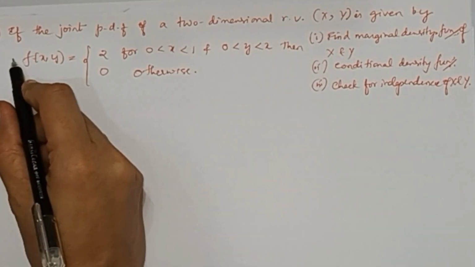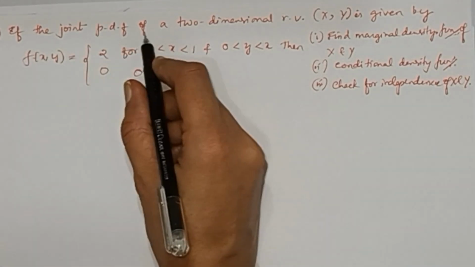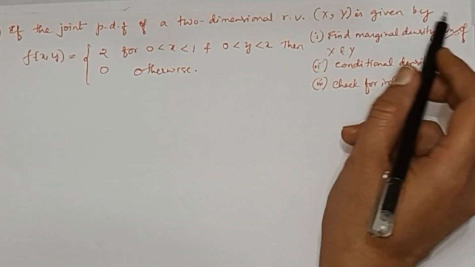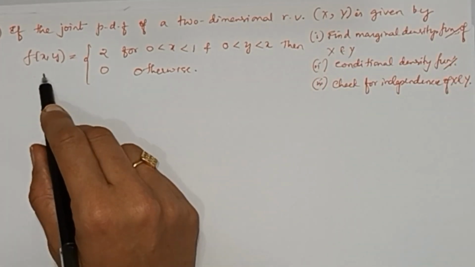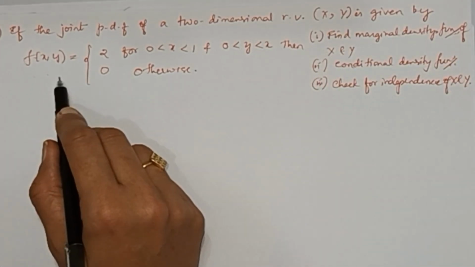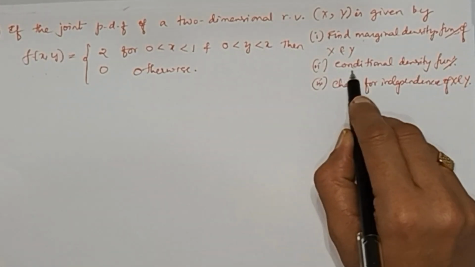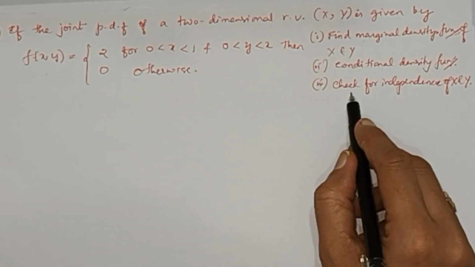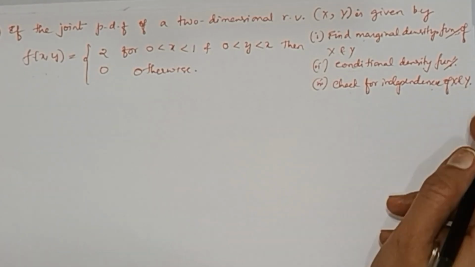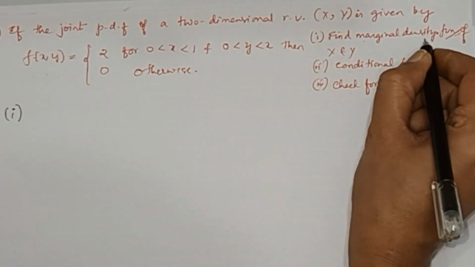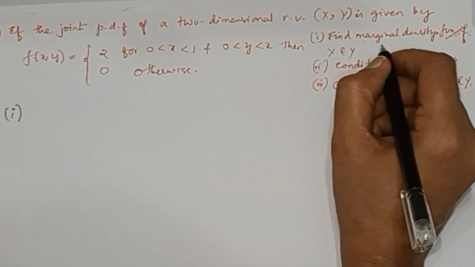Now see the second question. If the joint PDF of a two-dimensional random variable x comma y is given by this joint probability density function, you have to find the marginal density function and the conditional density function, and check for the independence of x and y. Let us do this one by one. The first one is the marginal density function of x and y.